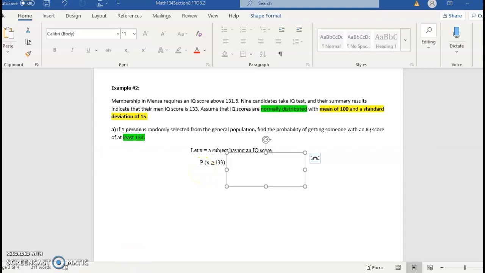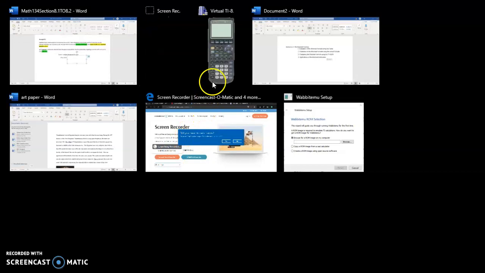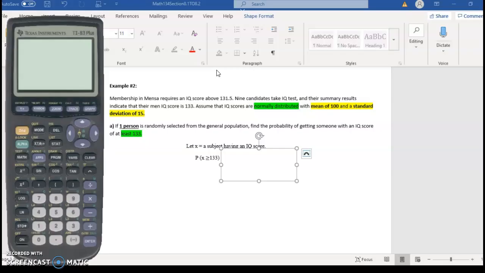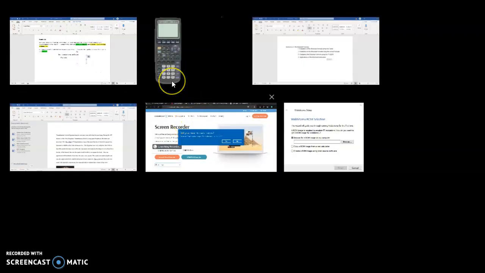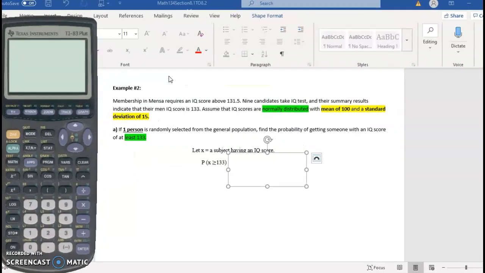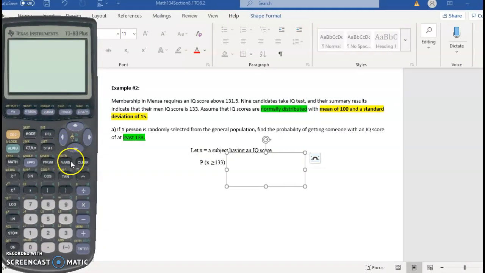For this particular one, we can just run the normal CDF, and let me give you the code. So in the calculator, you go to the distribution menu and activate the normal CDF. This one says greater than or equal to 133, so your lower bound is 133.